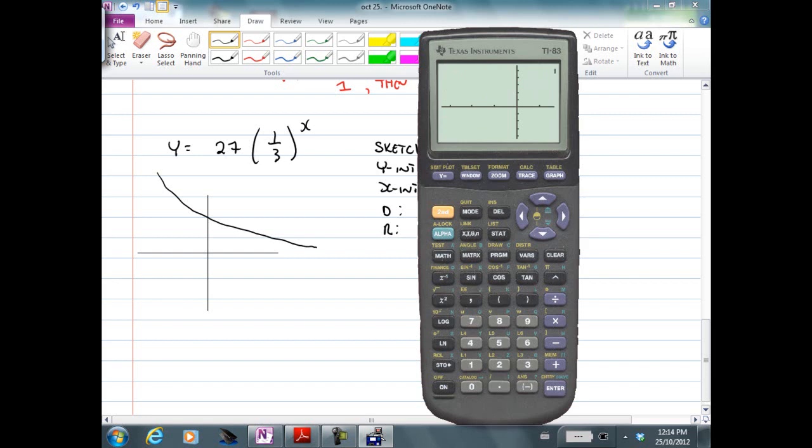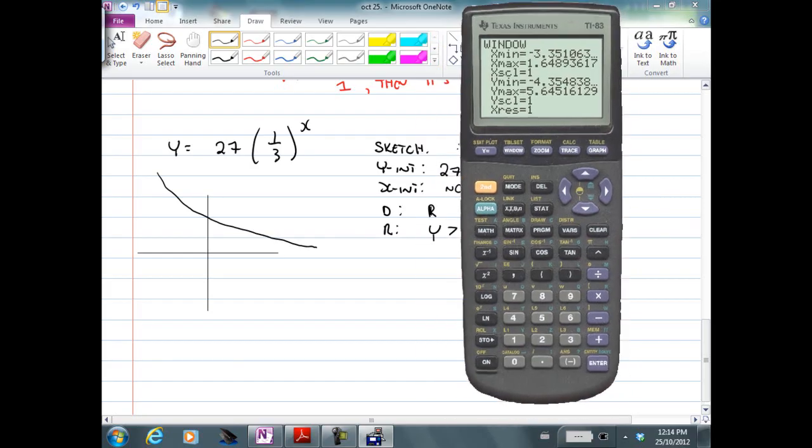And I don't see it. The reason why is because my window is not set properly yet. So I'm going to go back and set my window to, let's say, negative 15 to positive 15. My y-min, I don't know what it looks like yet, so maybe I set it to negative 30, and y-max to 30.